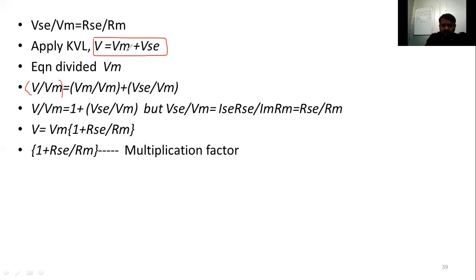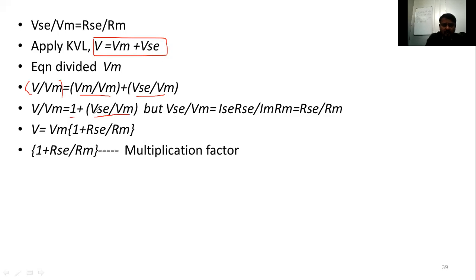Next, Vm by Vm. Next, VSC by Vm. I will keep V by Vm as it is. Vm by Vm equal to 1 here now. Plus VSC by Vm, I will keep as it is here now.